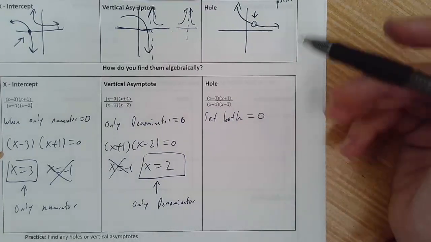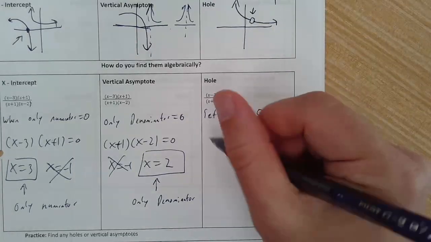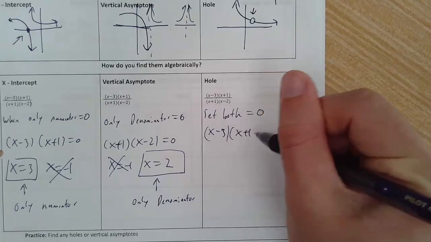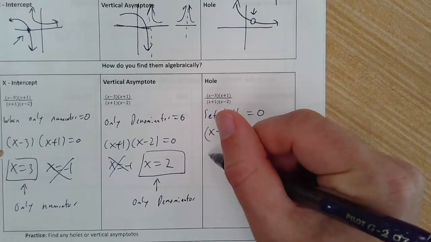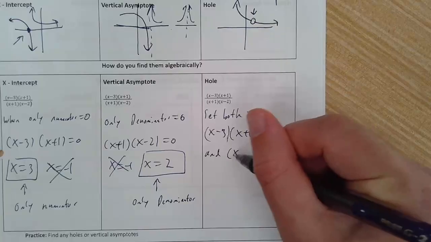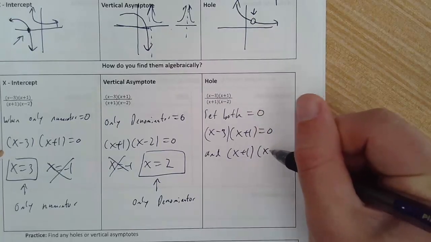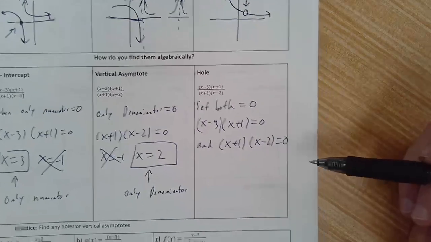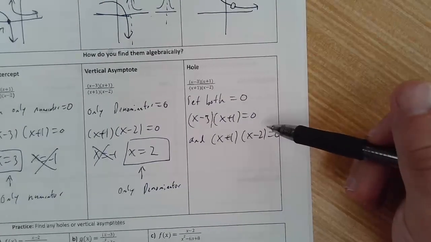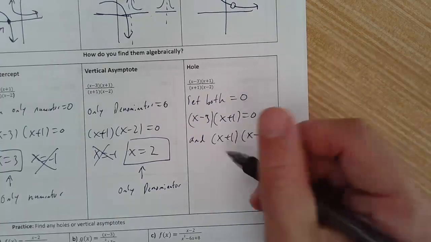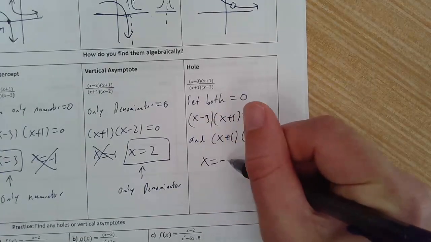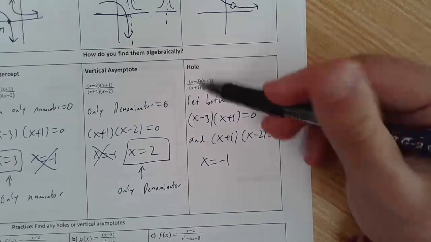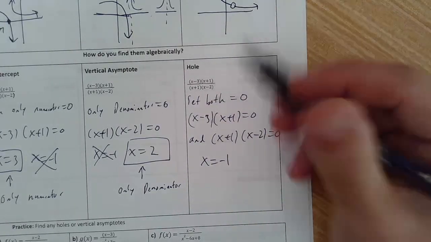So x minus 3, x plus 1 equals 0, and x plus 1, x minus 2 equals 0. Which is the shared solution to both the numerator and denominator? That's x equals -1. So the hole will happen at the x value -1 because that is in both the numerator and denominator, right? This is the key.